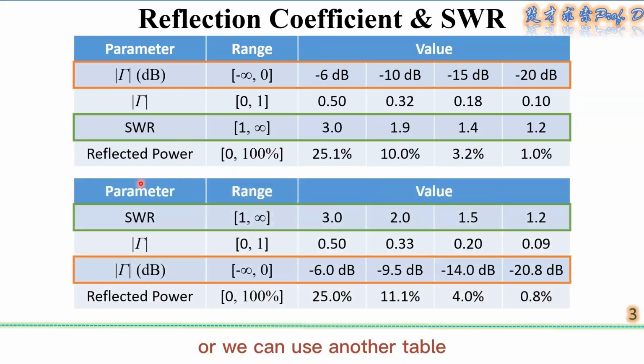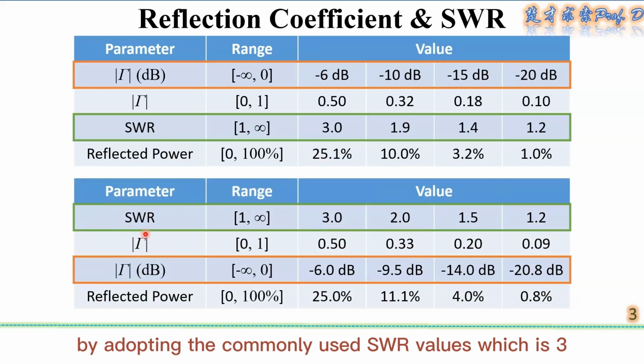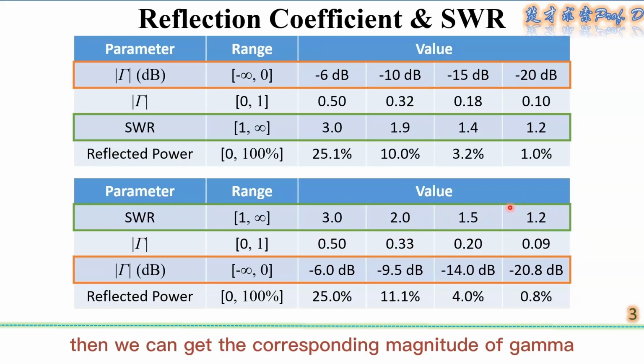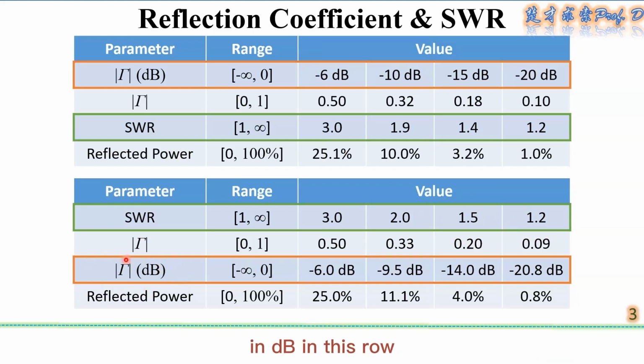Or we can use another table by adopting the commonly used SWR values, which is 3, 2, 1.5, and 1.2. Then we can get the corresponding magnitude of gamma in dB in this row.